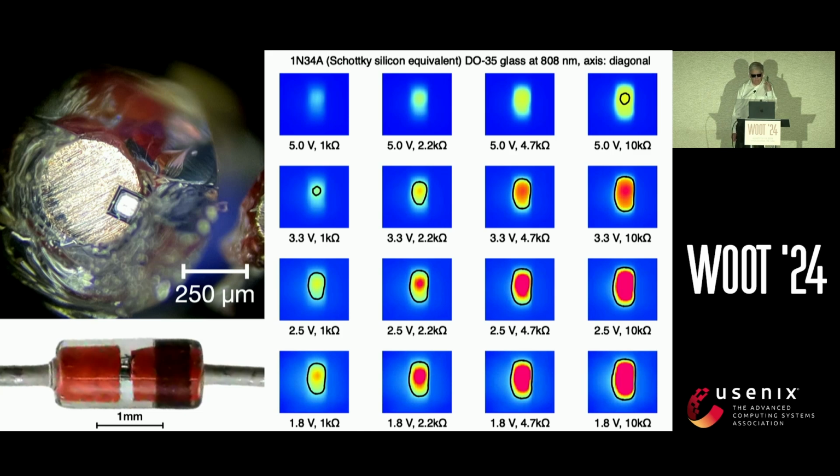Notice, what you're looking at here is the results of a lot of repeated runs against one of those components. Notice how the active area in red gets larger as you go down the chart, and it gets larger as you go from left to right.